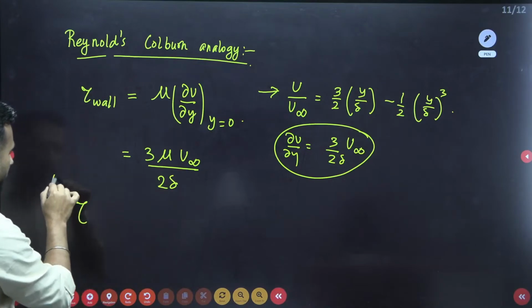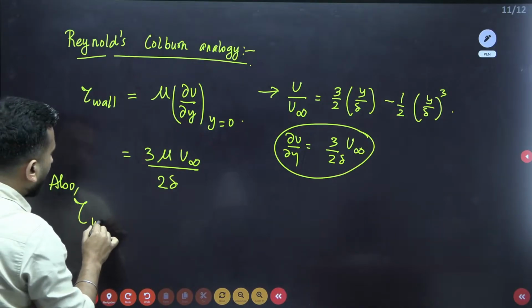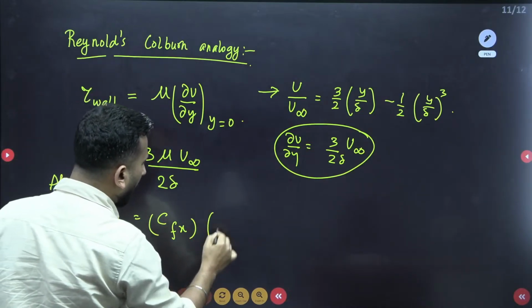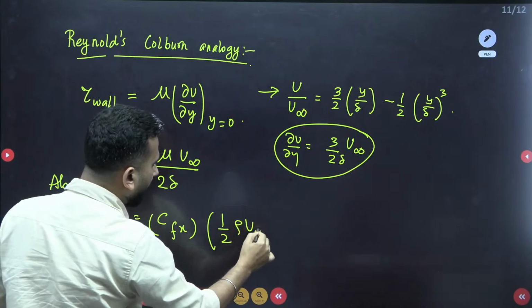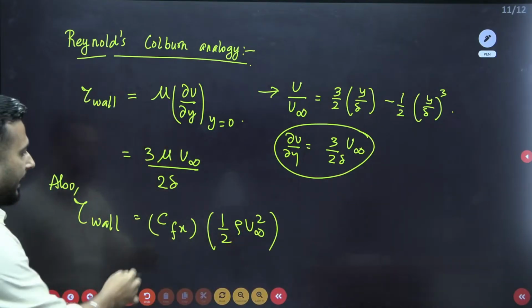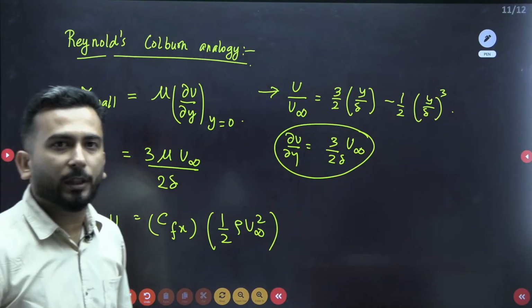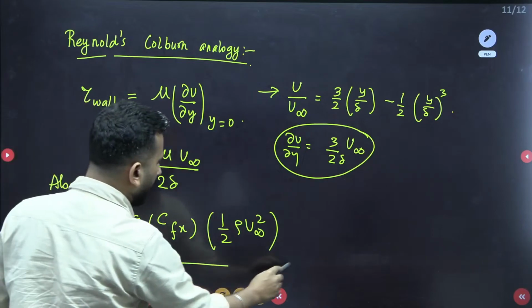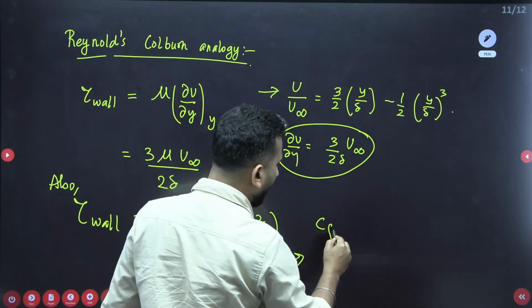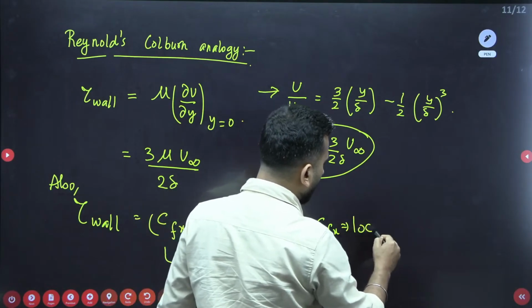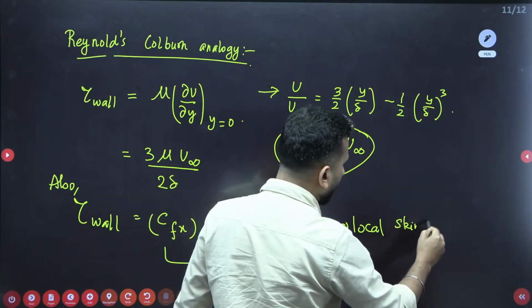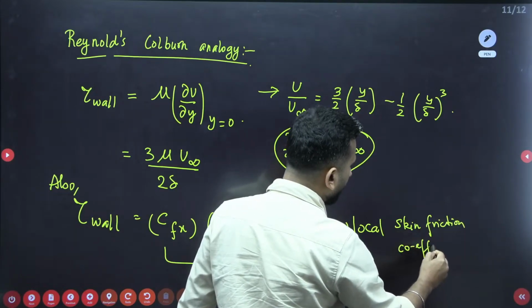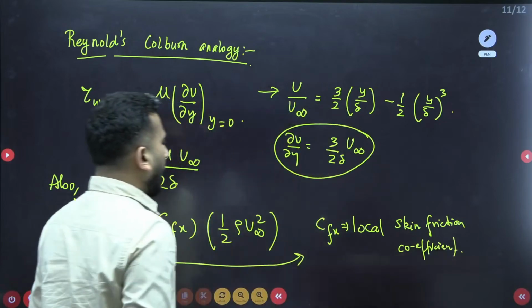Also you have studied, I can write tau at wall to be C_fx into half rho u infinity square, where C_fx is the local skin friction coefficient.